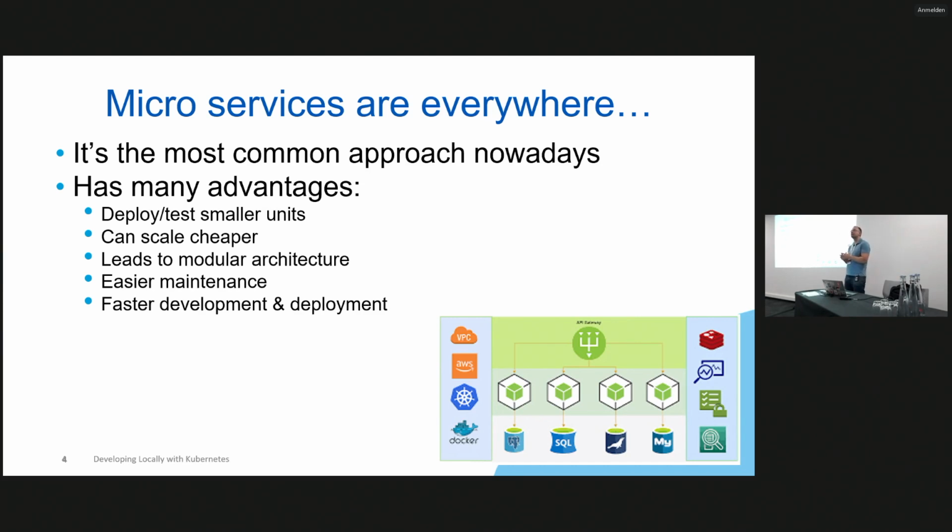Everything is on a smaller scale, which speeds things up considerably. And of course, the ability to scale it in production separately from other services. So there are quite a few advantages. That's why it became so popular.